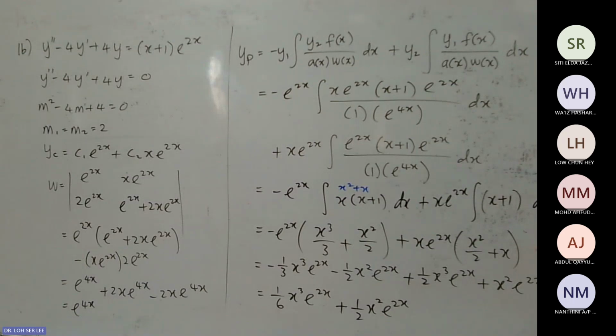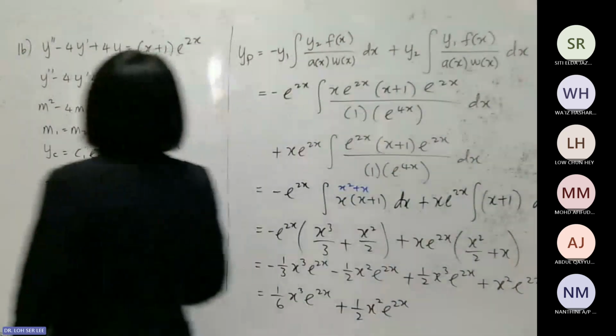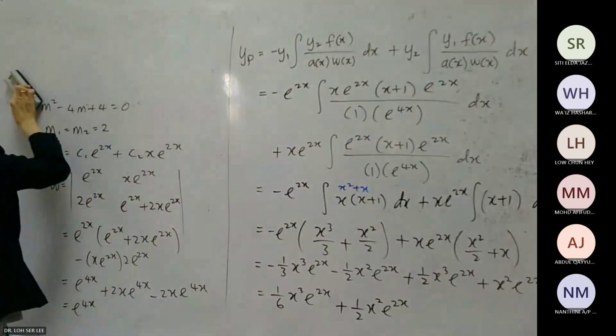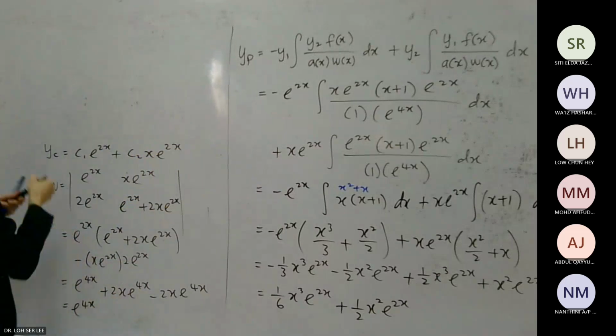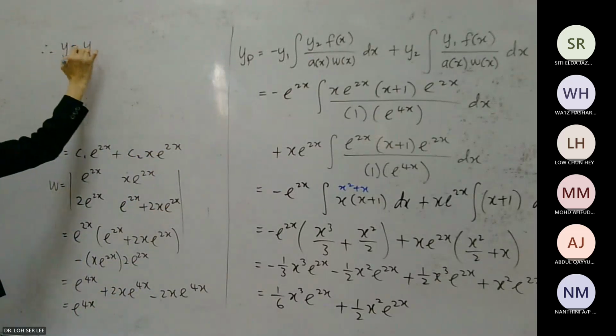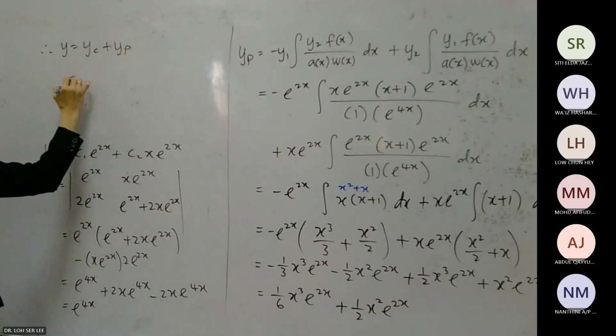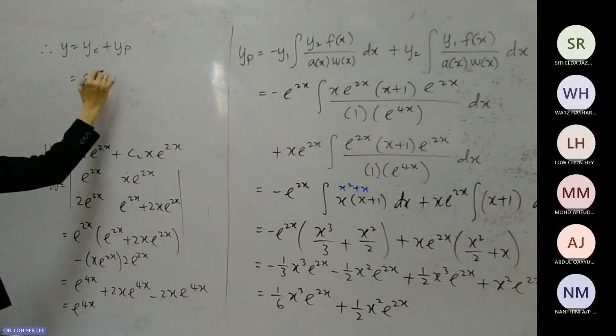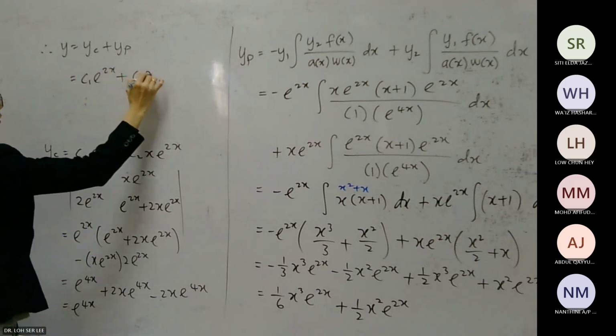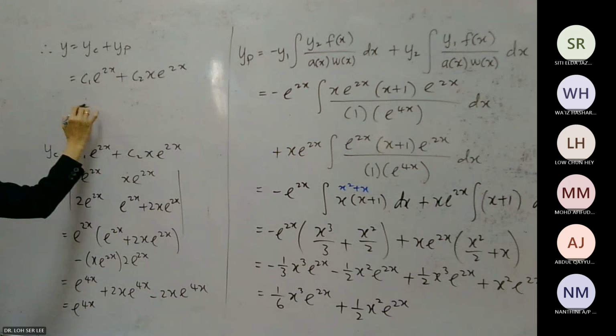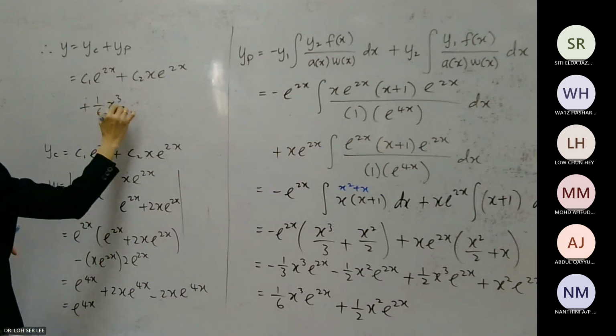Then finally, combine YC with your YP: YC plus YP.